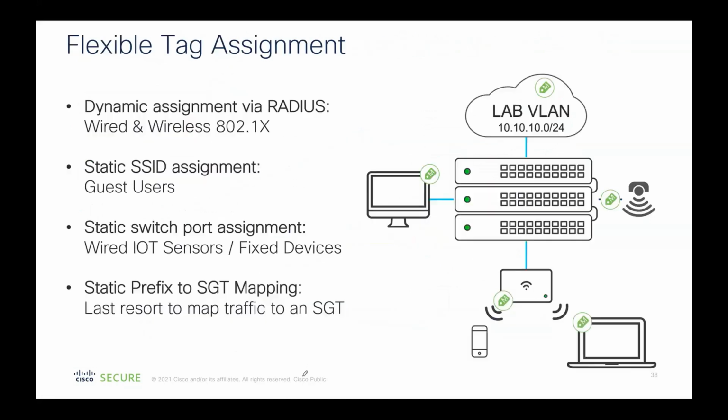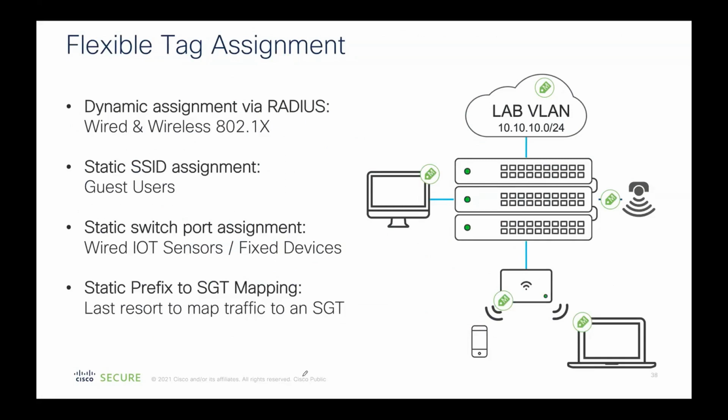And using that, it has the ability to then filter and determine which tagged frames are able to talk to which devices on the network. So if you think about every endpoint coming into your network, getting authenticated by ISE, being assigned a specific tag or group, that will determine what other groups or tags it's allowed to talk to on the network.